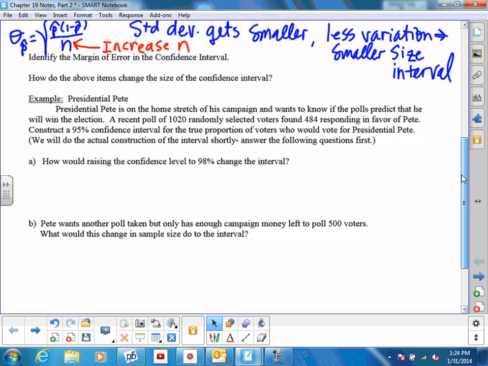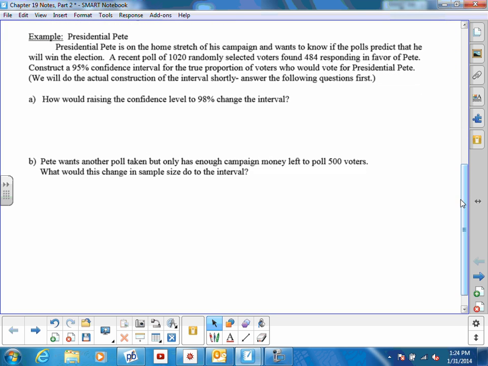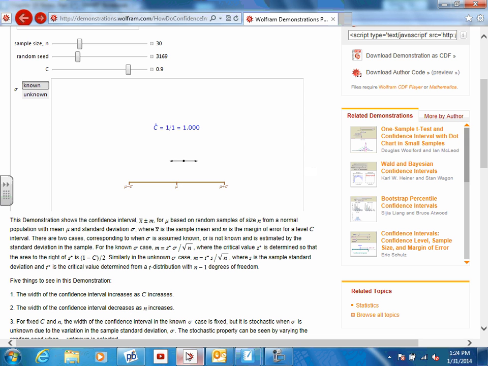We're going to actually construct it in a second on the back, but let's answer these changes in size questions. Here we go. How would raising the confidence level to 98% change the interval? He wants to be more confident. That's right. If you want to be more confident, from 95% to 98%, here, let's watch it. Actually, it'll be a little more dramatic maybe if I have a smaller sample size.